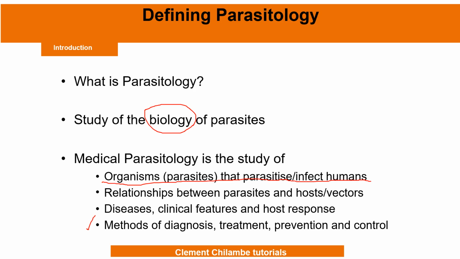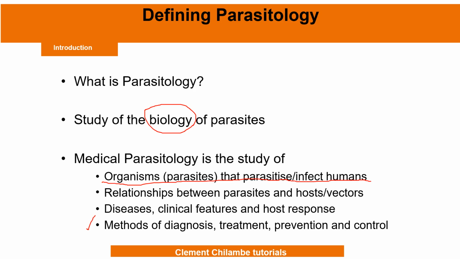What is the relationship? Why is this organism targeting this particular host? Then apart from that, be able to know what disease this parasite causes, what the clinical features of that disease are, and how the host itself responds to that disease caused by that particular parasite.